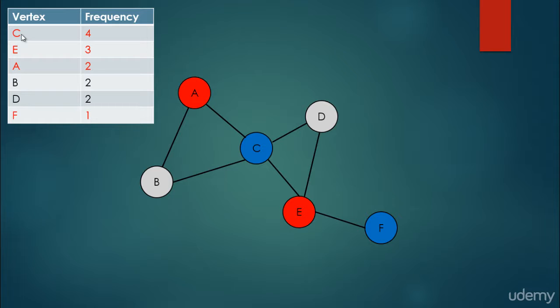We can assign red for the A because it's not adjacent to E. Then the next one will be B according to our frequency vertex list. So we assign the third color. It is yellow now. And we try to find another vertex where we can reuse our color. And we come to the conclusion that D is not adjacent to B, so we can reuse our yellow color.